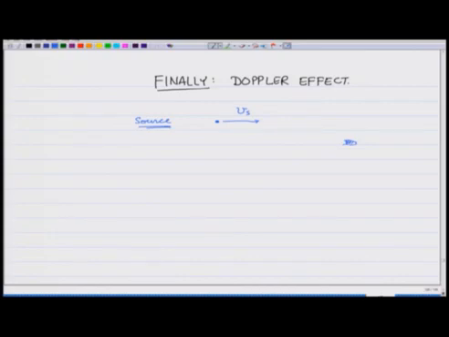Now, the most common thing that I could do is that the source is a sound source and I hear it, standing at some point. So, this is moving with v source and I am standing at an angle from the direction in which it is moving.